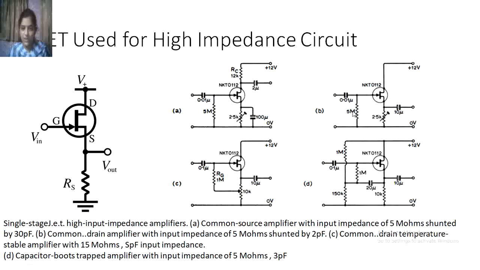So the second is the common drain amplifier. Then third, C, is a common drain temperature stable amplifier with 15 megaohms, 5 picofarad input impedance. The common drain is nothing but the source follower circuit.